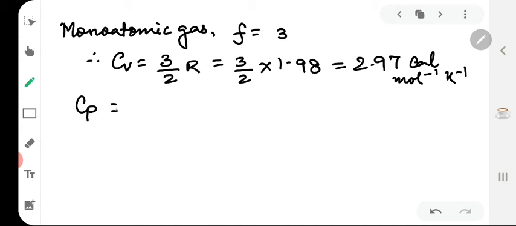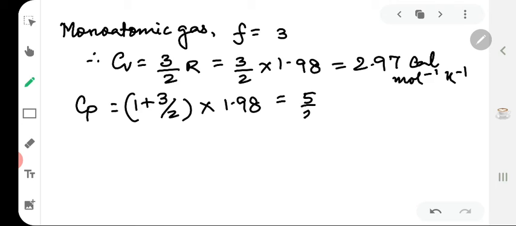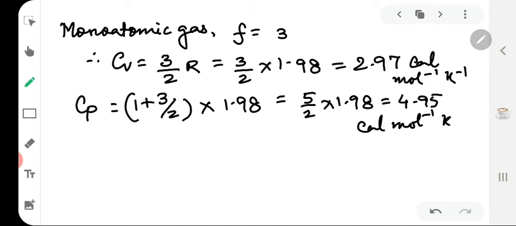Cp will be equal to 1 plus 3 by 2, that is 5 by 2 into 1.98, that is 4.95 calorie per mole per Kelvin.